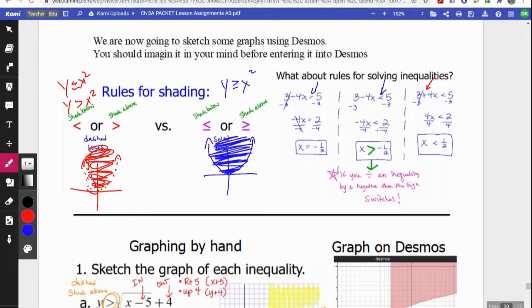When you divide or multiply both sides of an inequality by a negative number, the inequality changes directions. So only by a negative. Multiply or divide both sides by a negative, your inequality changes directions. So we changed directions, and now it's greater than -1/2. It started as less than, but we divided by a negative, changed to greater than. That's just one thing we need to keep in mind.